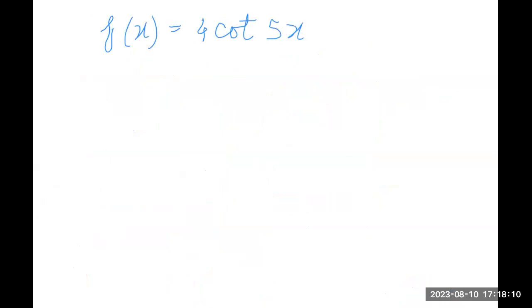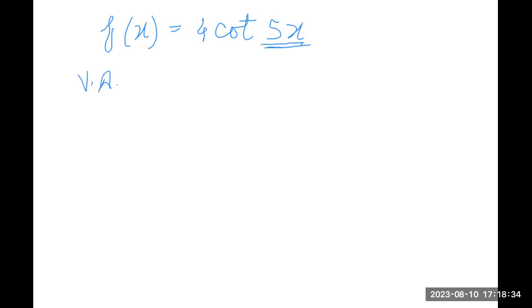Now, again, the first thing to do is to find the vertical asymptote. And for the cotangent function, you need to set the argument of the function, or the angle, equal to 0 and pi, because those are the angles for which the cotangent is undefined.